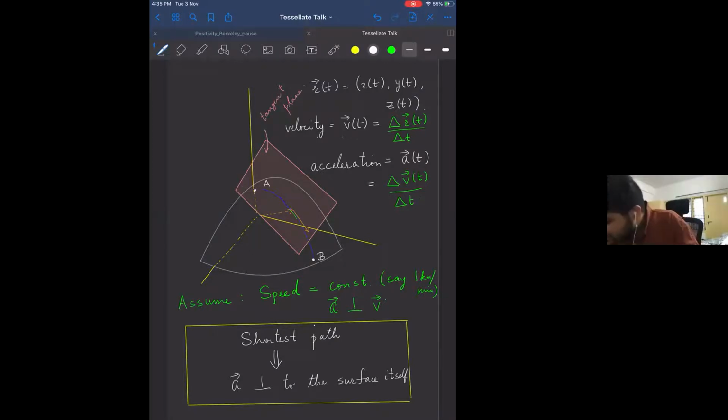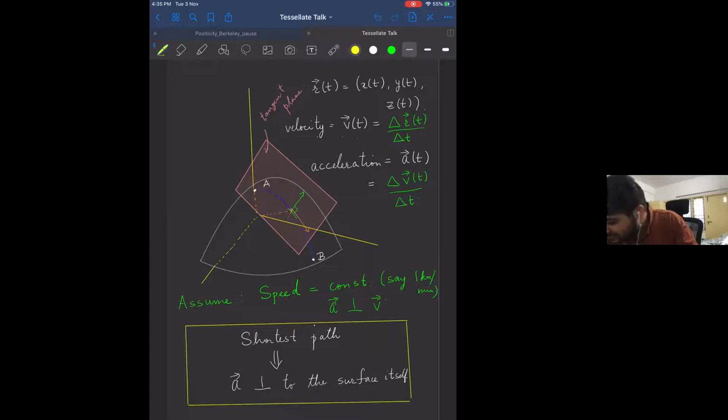Why is that? Let's, in this figure, draw the acceleration vector. It's something perpendicular to, let's say, the velocity vector. And the tangent plane has another vector that is perpendicular to the velocity vector. So let's draw that with maybe a yellow line.